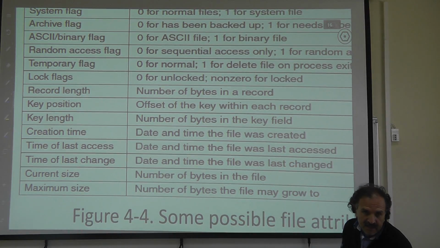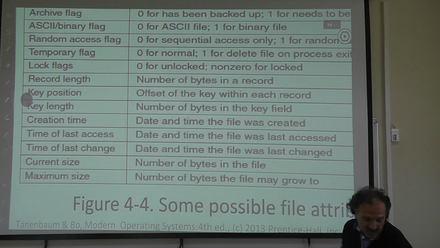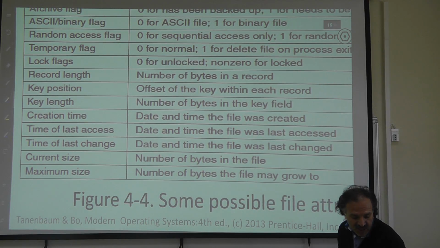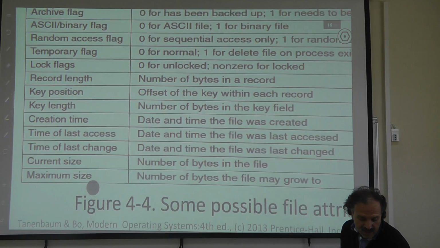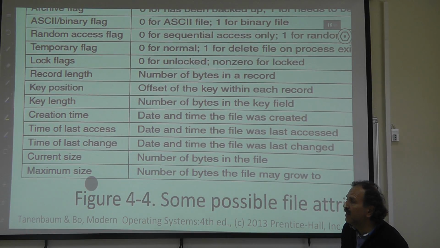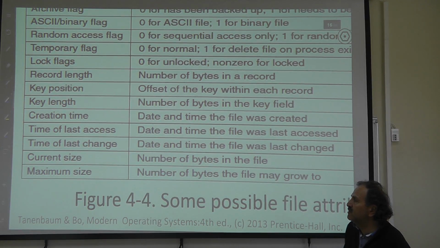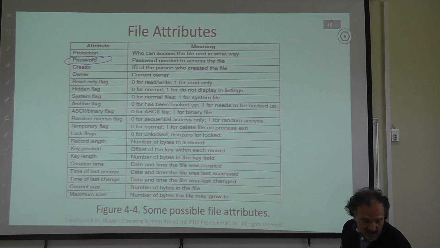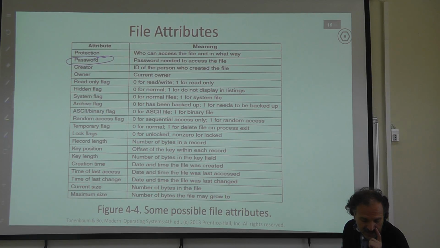Key length: again, how long is my key? I need to know that if I am using a structured file. Creation time, time of last access, time of last change, the current size and the maximum size. Some operating systems ask you to give the maximum size for that type of file, and you can specify this. So these are some attributes, and some people call this metadata.